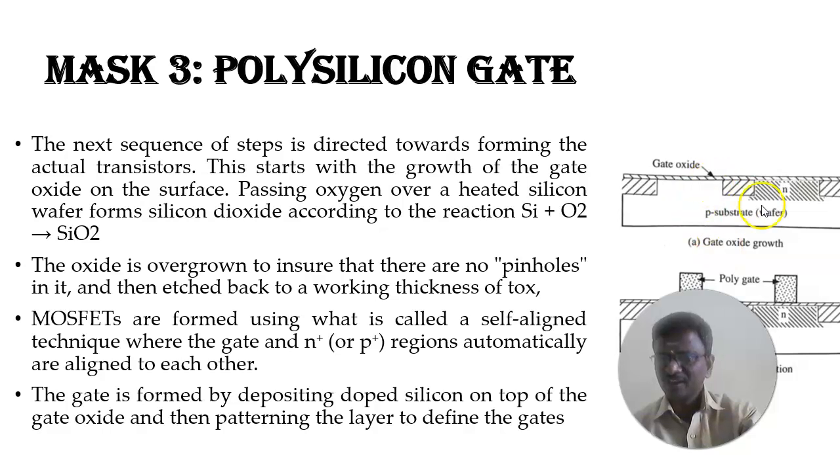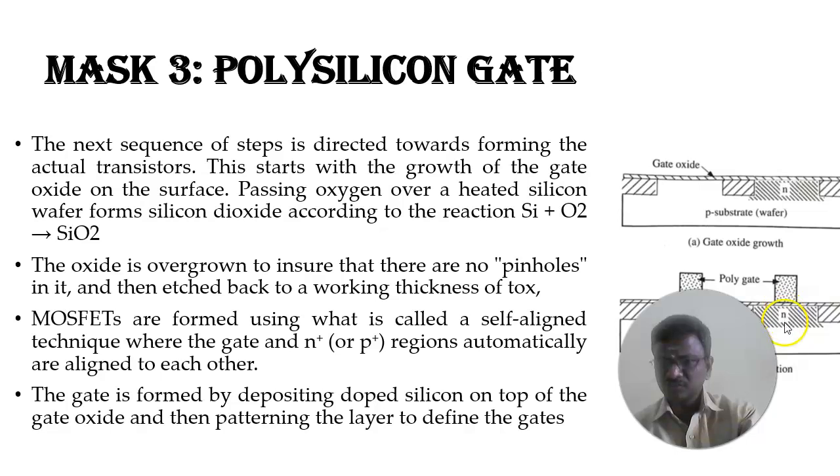Okay, so this diagram will explain the gate oxide layer. We have seen the P type substrate, above that we created the N-well, and in the active areas we created the gate oxide layer. Above that, by performing the etching, we are inserting the polysilicon gate. This diagram explains how the polysilicon gates are inserted in between these layers, right?